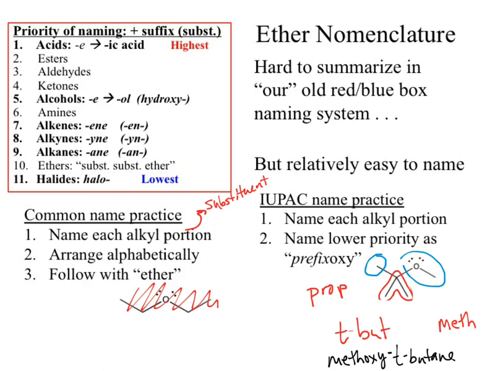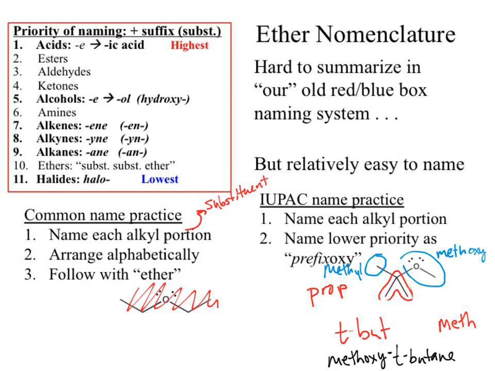Which is the easiest to name of those two? We've got a methyl, and the other one would be still meth because we have one carbon, methoxy to specify that we have that oxygen there. So we have a methyl and a methoxy on our propane.